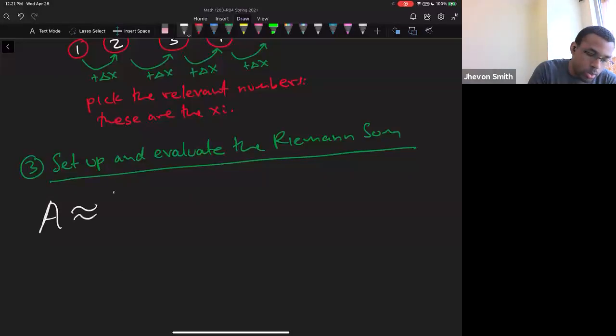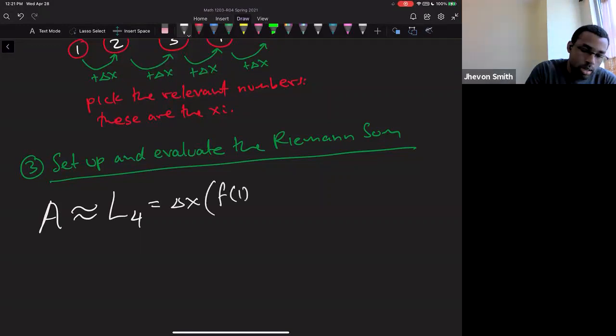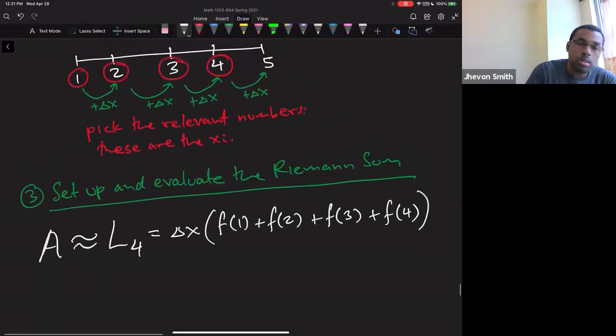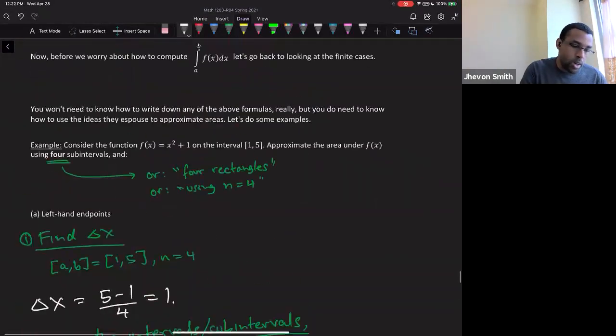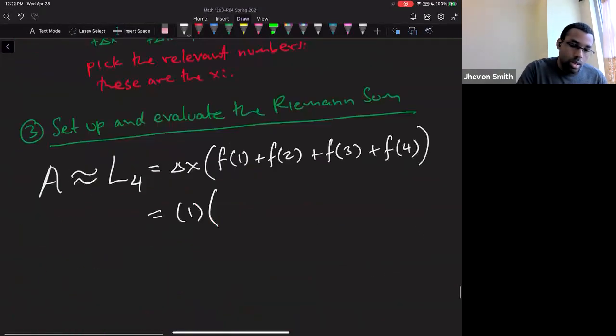I'm approximating it with L4, which I now know is going to be delta x times f of 1 plus f of 2 plus f of 3 plus f of 4. So that's going to be, well, delta x was 1. f of 1 is from my function. Our function is x squared plus 1. So this is going to be 1 squared plus 1, 2 squared plus 1, 3 squared plus 1.